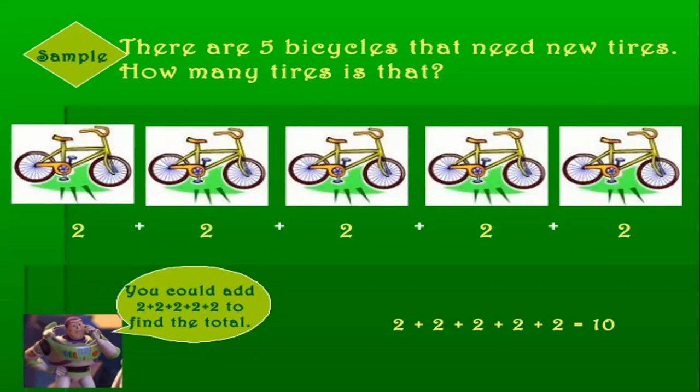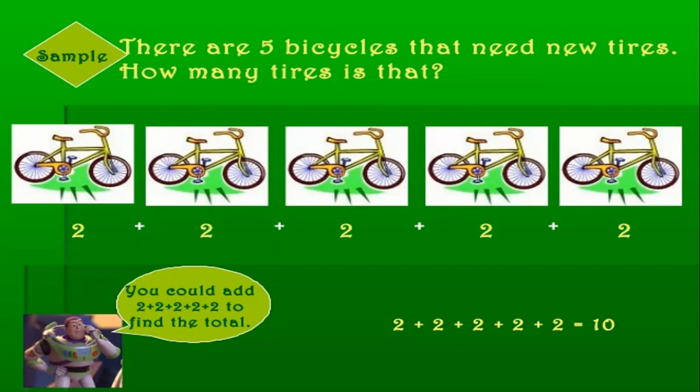It means they're asking you to find the total number of tires that 5 bicycles need. The number of bicycles is 5 and each bicycle needs 2 tires. So it means 5 times you are adding tires.